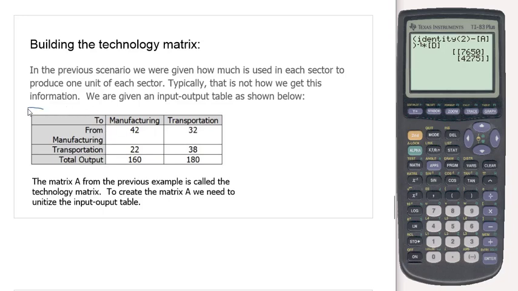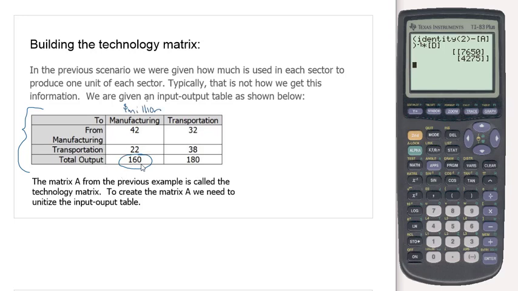And here, instead of being told how much gets used in producing 1 unit of each sector, we are told how much is produced for a different number of units. So for instance, they tell us to manufacture 160, let's see, they didn't tell us what our units are. Let's say this is $1 million.